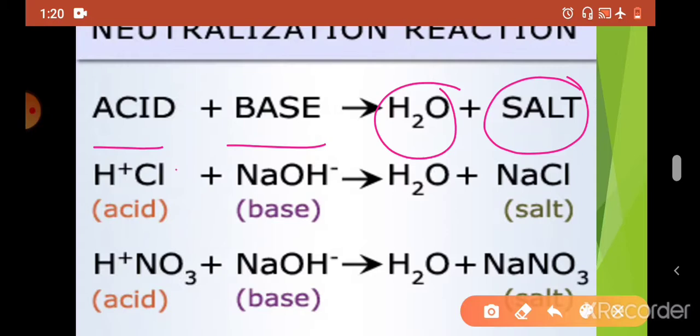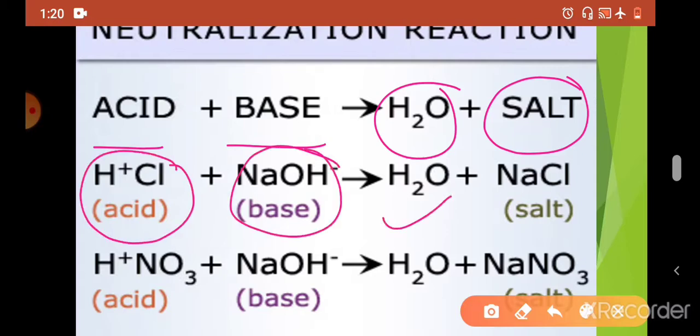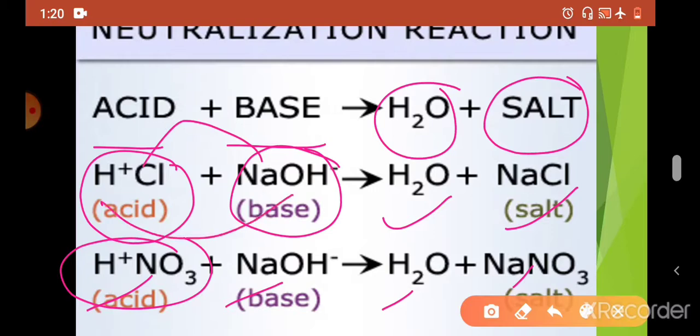So if we take acid as HCl and base as NaOH, we are going to get H2O and NaCl salt. HNO3, nitric acid, reacts with NaOH to give H2O plus NaNO3. So different salts are formed. Here we are going to get NaCl plus H2O. So H combines with OH.